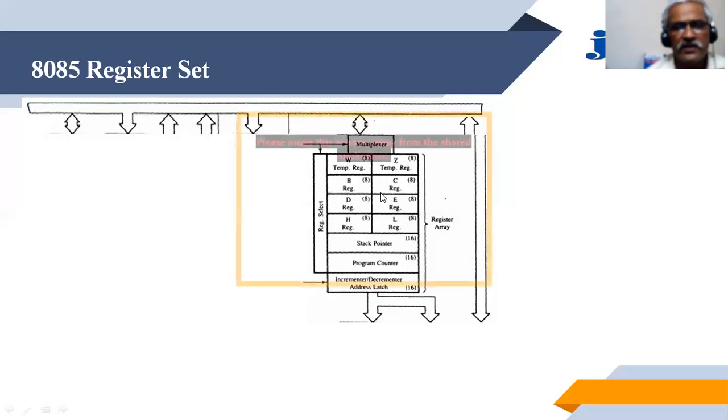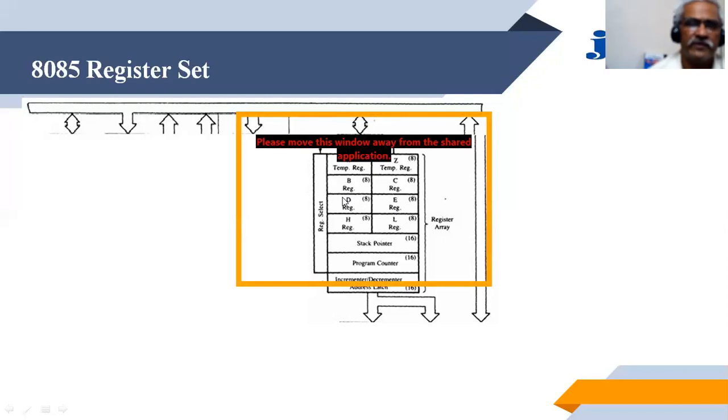The second set is the general purpose registers. You have 6 general purpose registers in the 8085.